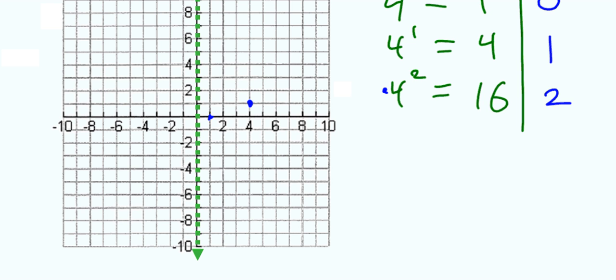If it shifts left or right, it moves, but otherwise it stays put. So we go with the vertical asymptote through those dots. And there's our graph.